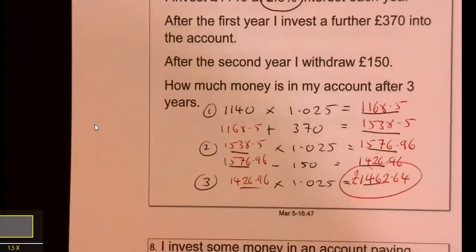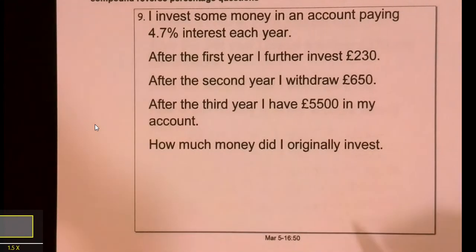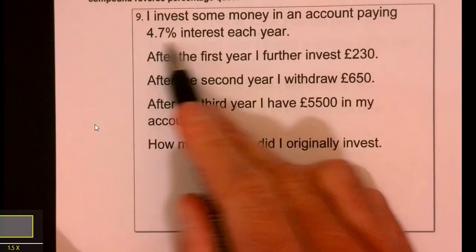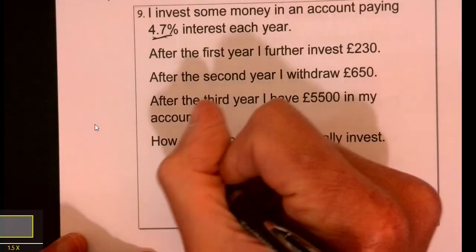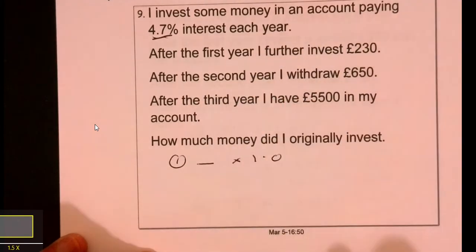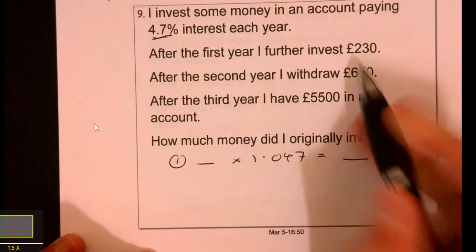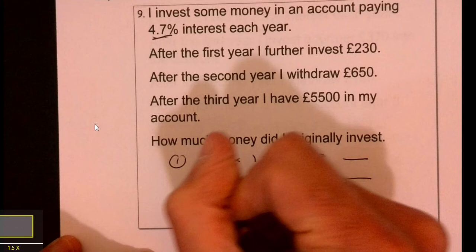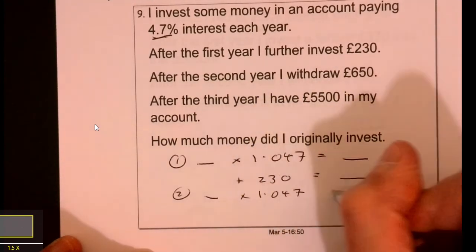Right, number 9. So let's have a look at what we got on number 9. Let's see. I invest some money in an account paying yucky numbers. So it's all the same, it's just not very nice numbers. After year 1, we invest some money, times 1.047. That equals something. Then we add 230. Year 2, we increase it by that percentage.